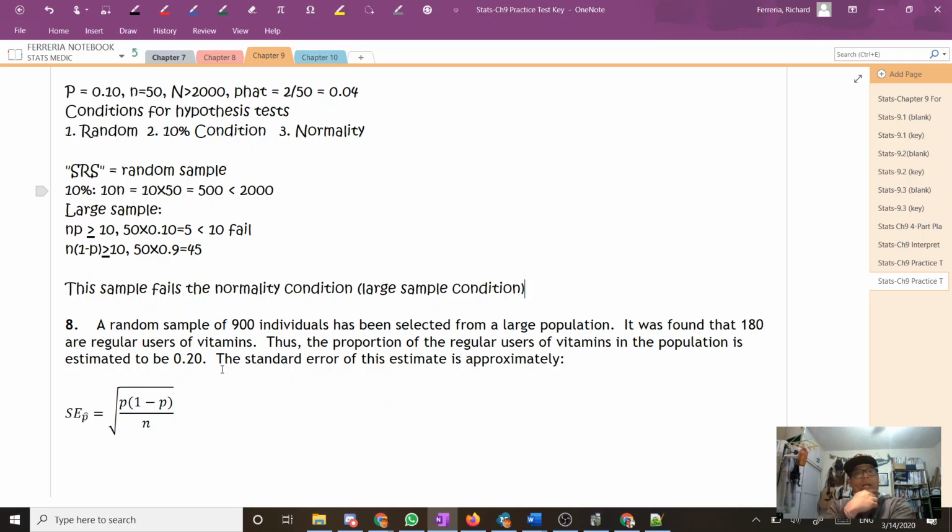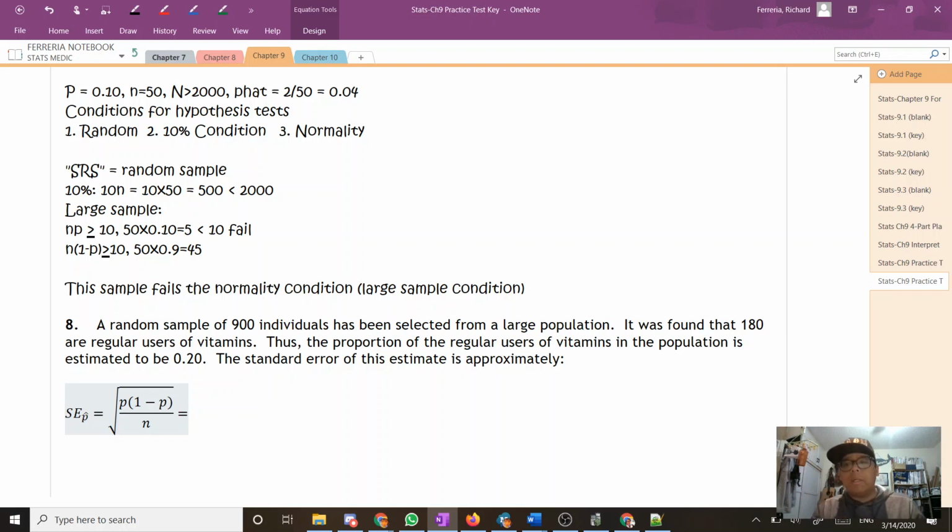Standard error is approximately... Okay, I did some work ahead of time, and I copy and pasted the formula for standard error. You need to have that memorized for my test, for most tests. So let's get on that. Standard error of this estimate is the square root of p(1 minus p) over n.